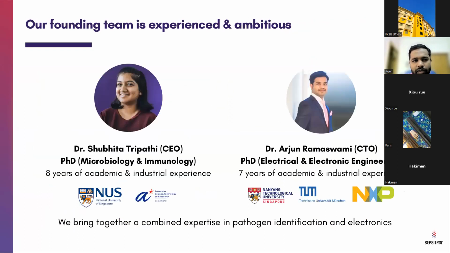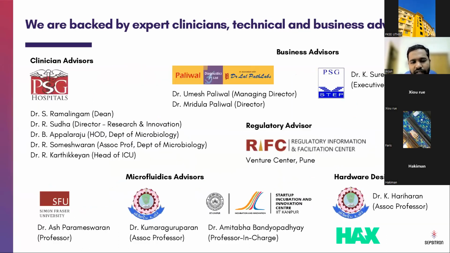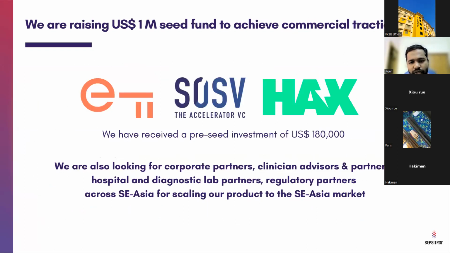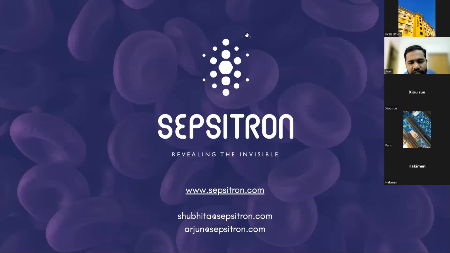You can put all of those things here. Then you can put a little information about your team, who the advisors for your company are, and how much money you are looking to raise. In this case, we were looking to raise around $1 million. You just put that, and then you end the slides.